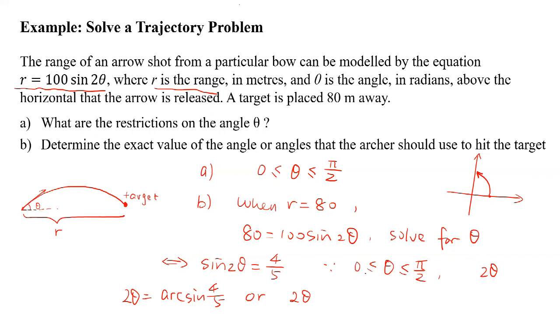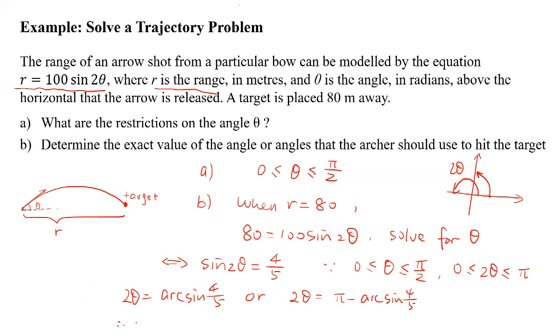If theta is within 0 to half pi, 2 theta must be within 0 and pi, right? So this is the interval that 2 theta belongs to. So in this interval, there are two angles whose sine value is 4/5, right? So the first value is arc sine 4/5. The other value is pi minus arc sine 4/5, right?